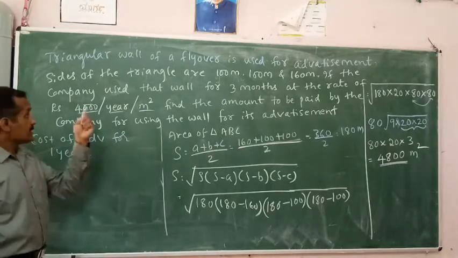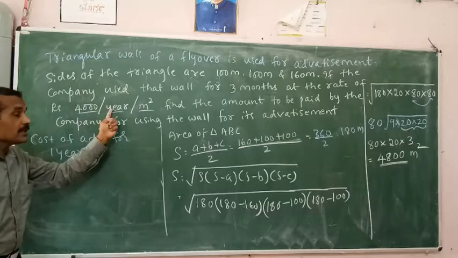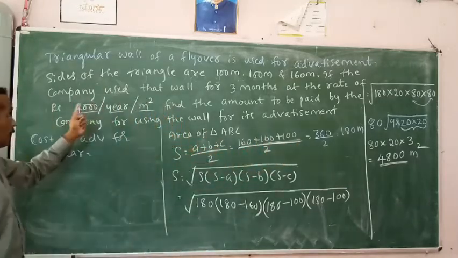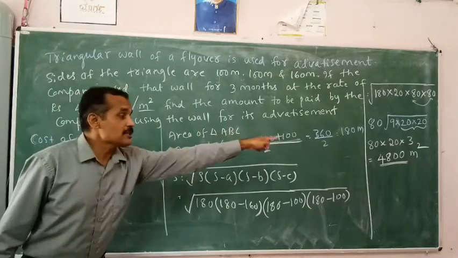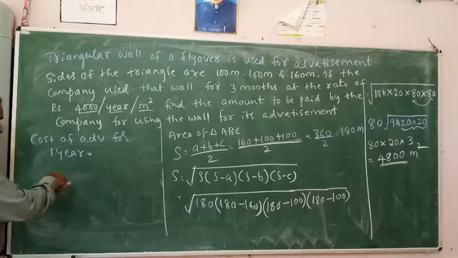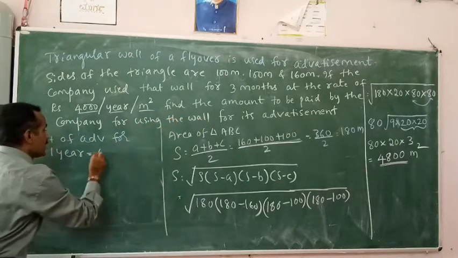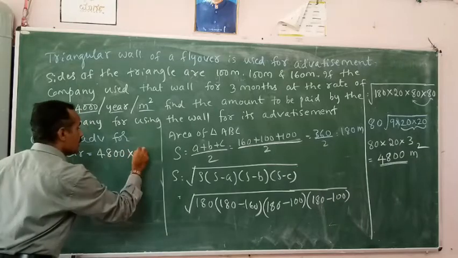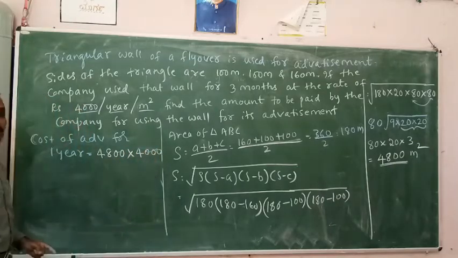Why 1 year? They say 4,000 per year per meter square. For 1 meter square, it is 4,000, so for that much meter square, how much? I will write for 1 year equals to 4,800 into 4,000.